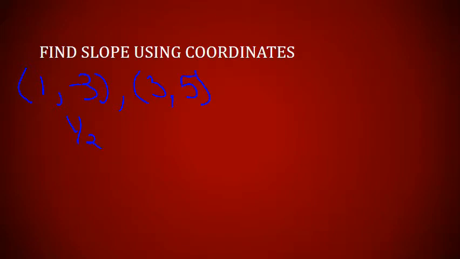So I'm using y2 minus y1 over x2 minus x1. Let's solve for our slope. I've got 5 minus -3 using the y2, y1 over 3 minus 1. 5 minus -3 is the same as 5 plus 3. That gives me 8 over 3 minus 1, which is 2, and my slope is 4.